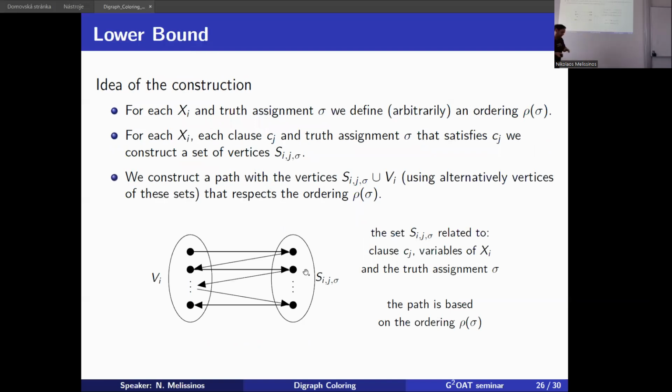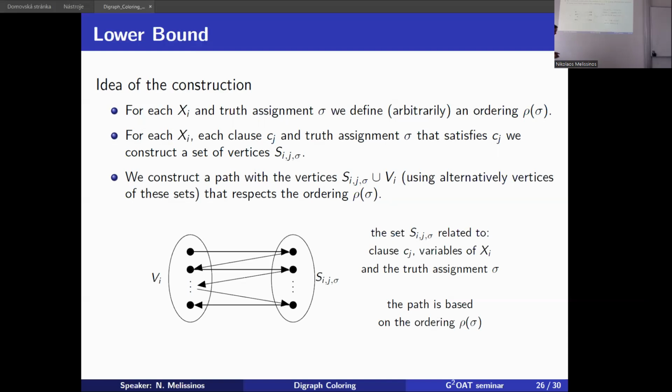You need to see that because of the ordering we have selected, each part that is colored with the same color, and we're going to use the same color also for this set here. This and this will have the same color if this is the satisfying assignment we have selected. Then this is just a path which is acyclic, and this holds for each one of those sets that we have partitioned. So each one of the V_i related to one specific S that has been colored with the same color, we don't have cycles of the same color.